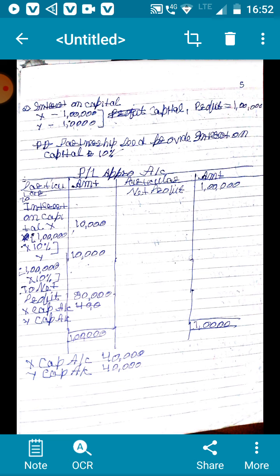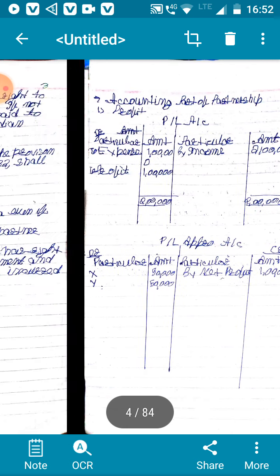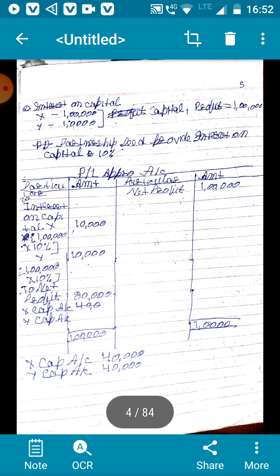Divide 80,000 between X capital account and Y capital account. According to the question, there is a partnership deed, but it is silent about the profit sharing ratio.